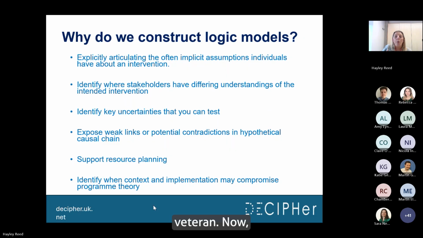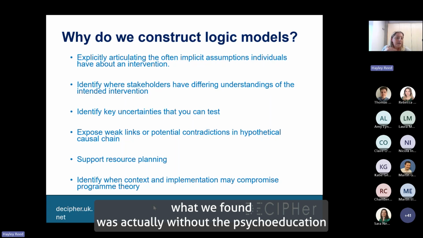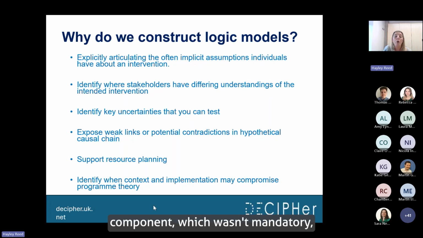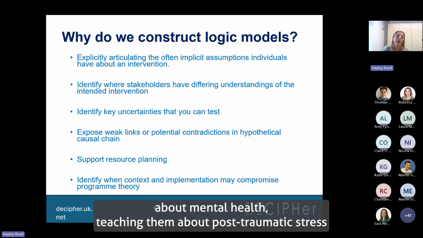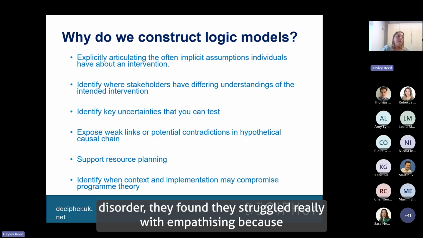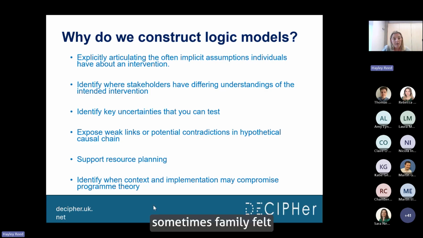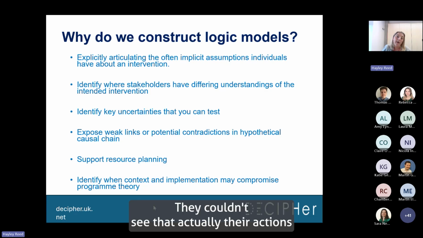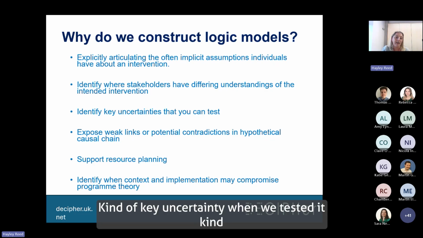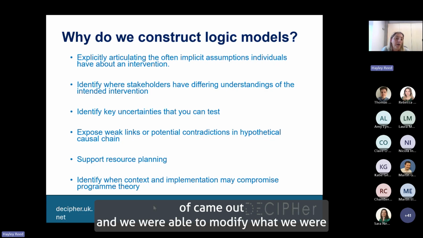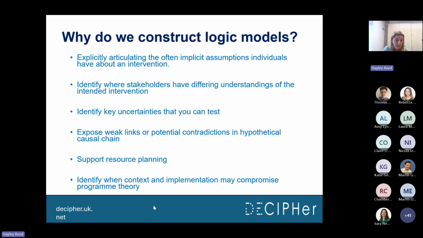What we found was that without the psychoeducational component, which wasn't mandatory, so teaching people about mental health and post-traumatic stress disorder, they really struggled with empathizing, because sometimes the family felt, well, this is just the veteran. They couldn't see that actually their actions were due to the post-traumatic stress disorder. So that key uncertainty came out when we tested it, and we were able to modify what we were doing in terms of the logic model.